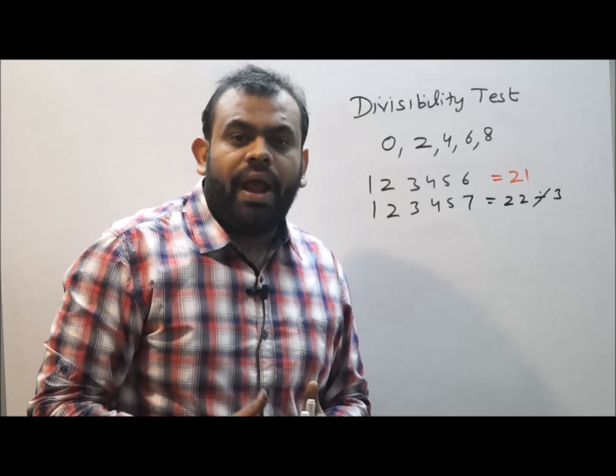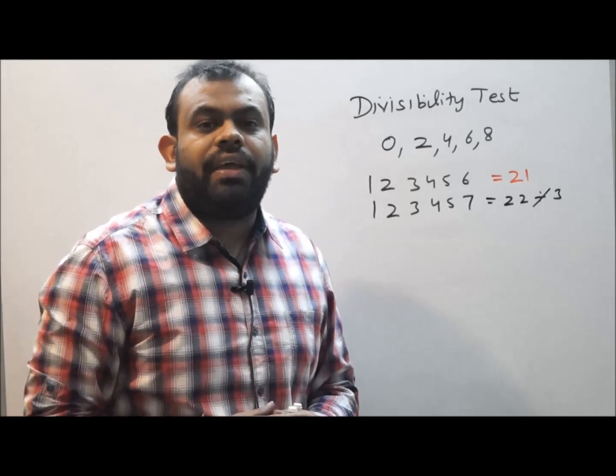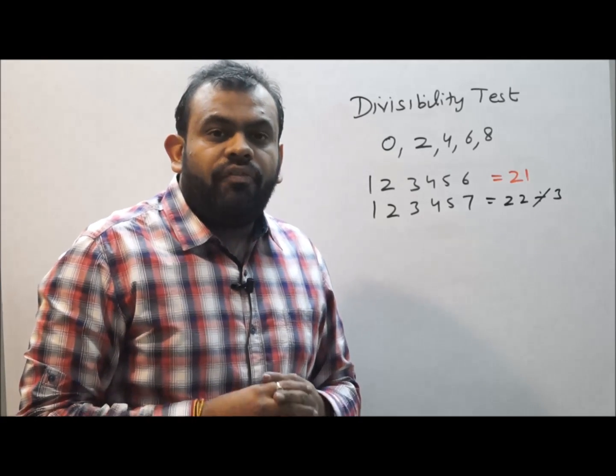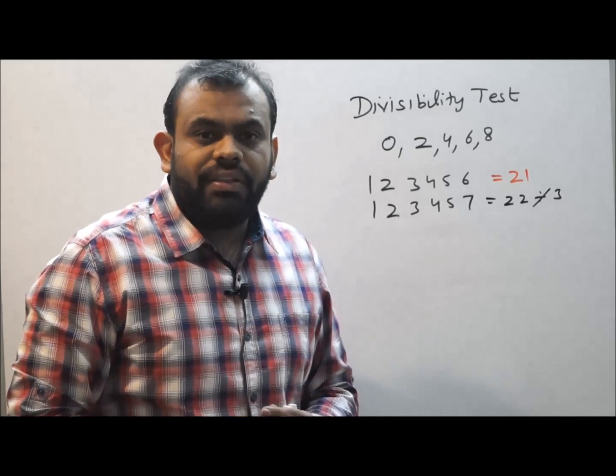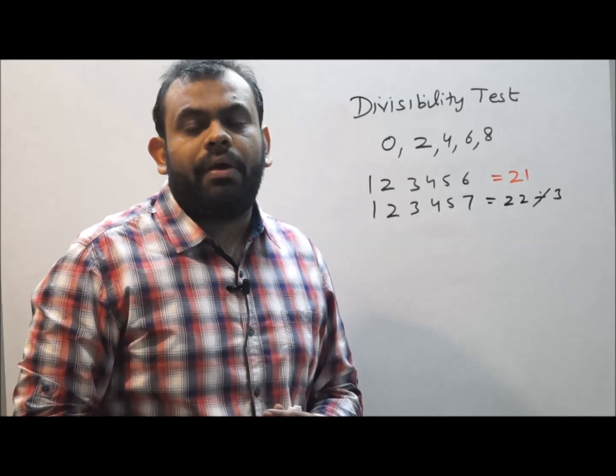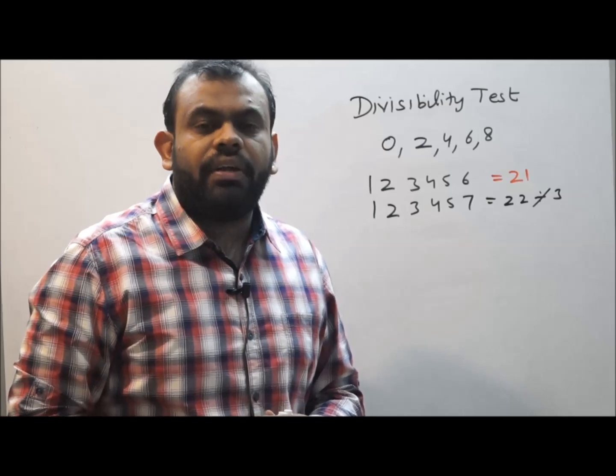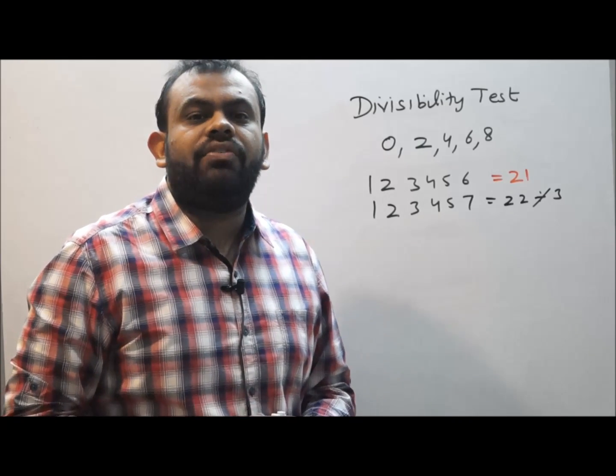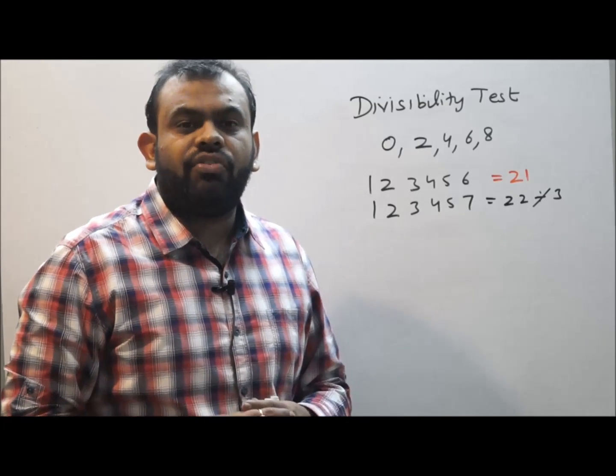Let us move ahead and understand the next divisibility test, that is of 4. For 4, we just need to check the last two places of any number. If these last two places are divisible by 4, then the number is divisible by 4, else it is not.